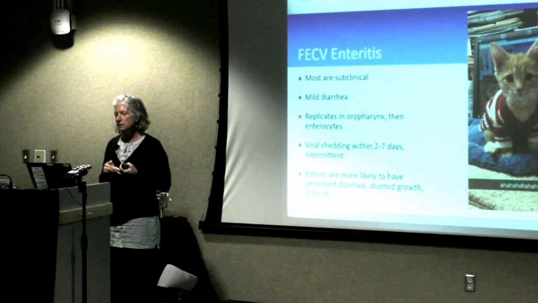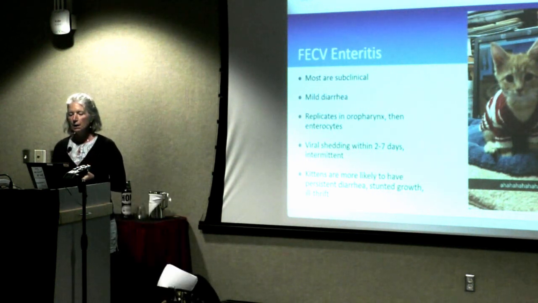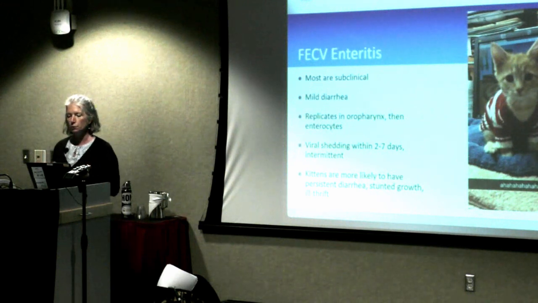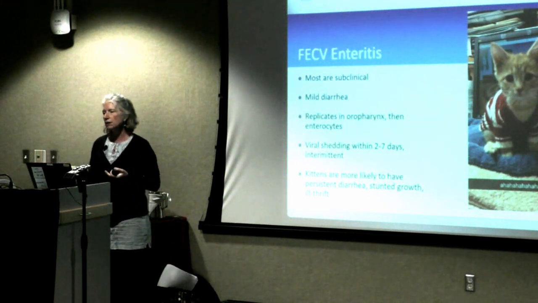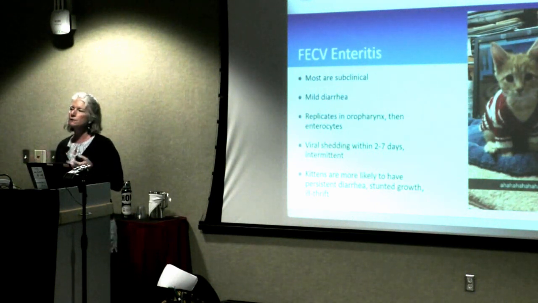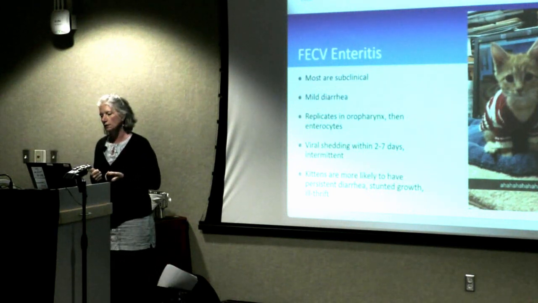And so there is evidence that some of those kittens that just continue to have diarrhea and are too small may in fact have coronavirus enteritis. Now again, I remind you, if you are just testing serology, you're going to see high levels across the board anyway. And if you're just testing shedding, a lot of them will be shedding. So just finding coronavirus doesn't mean that that's the cause of this, but there is a correlation between those kittens that are ill doers and FECV.